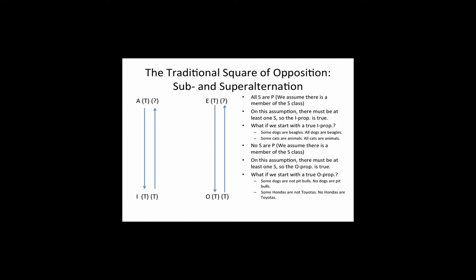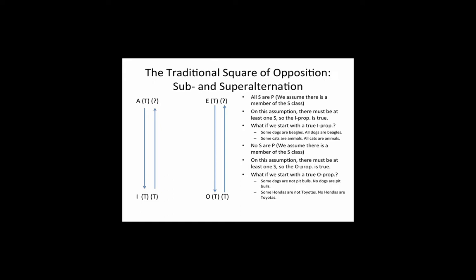So when we say, it's true that some dogs are beagles, therefore all dogs are beagles, we've drawn an erroneous inference because the claim all dogs are beagles is false. And on the other hand, when we start with a different true I claim, some cats are animals, we can draw a true superaltern, that is a true universal affirmative, all cats are animals.